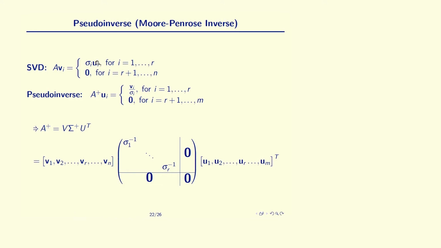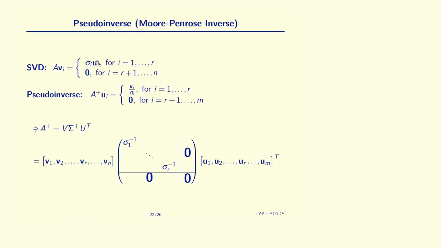Here I am considering the matrix A as a linear transformation. If you are familiar with linear transformations, you are taking a vector from your domain Rn, and you are getting a vector in Rm.